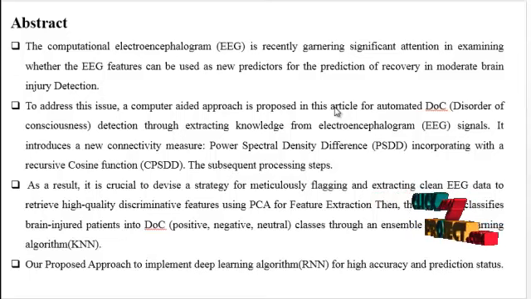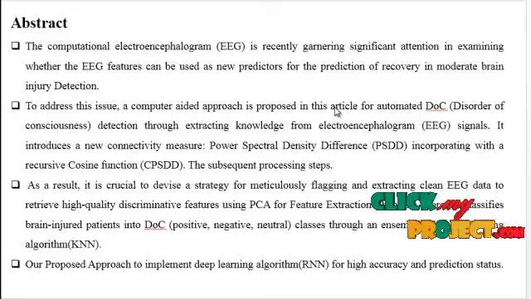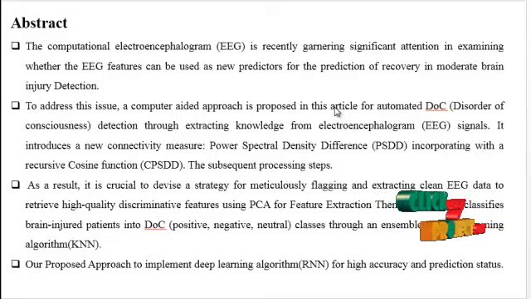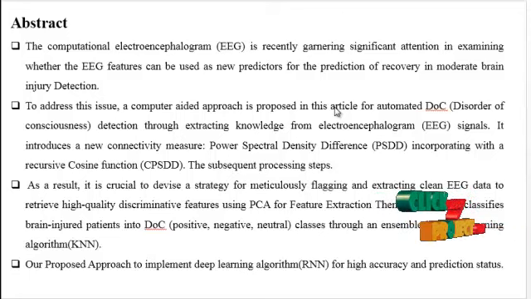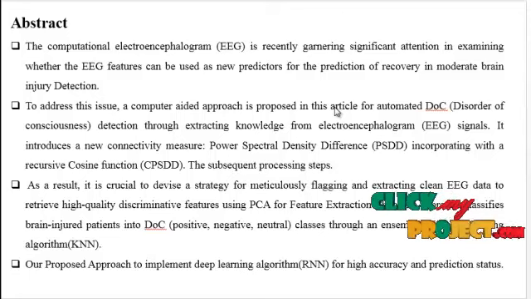To address this issue, a computer-aided approach is proposed in the article for automated DOC (disorder of consciousness) detection through extracting knowledge from electroencephalogram (EEG) signals.